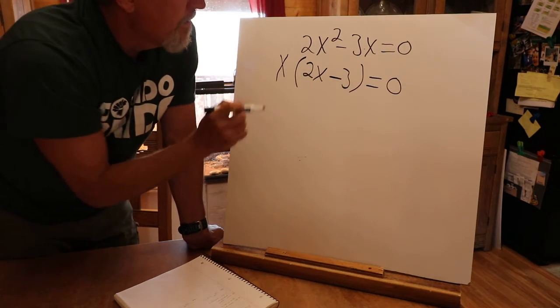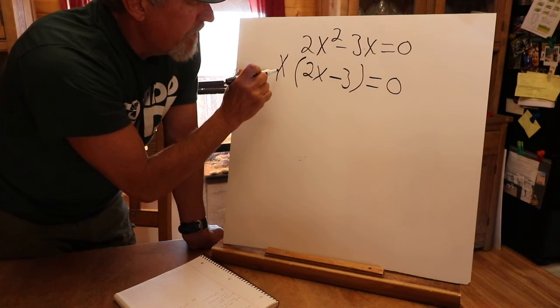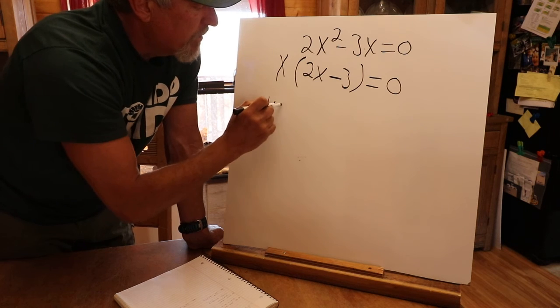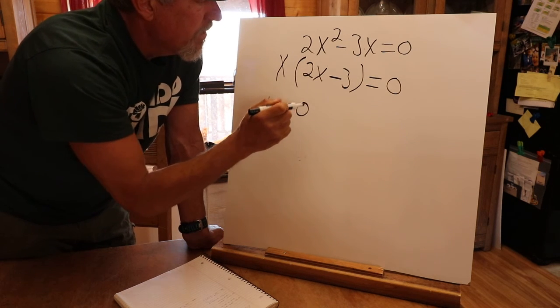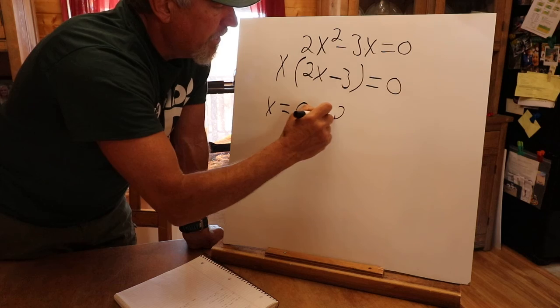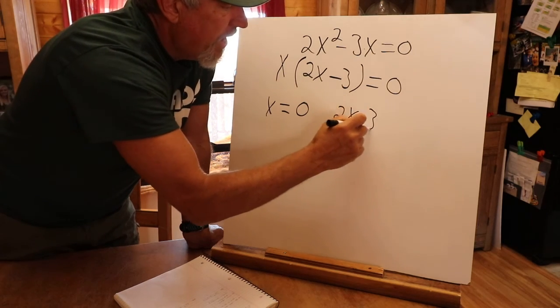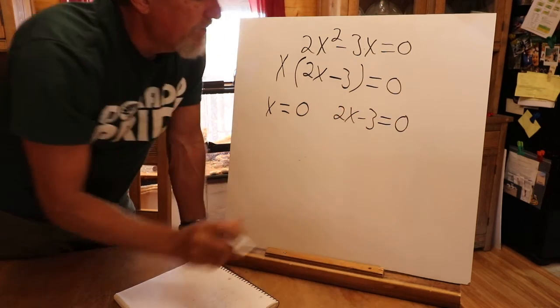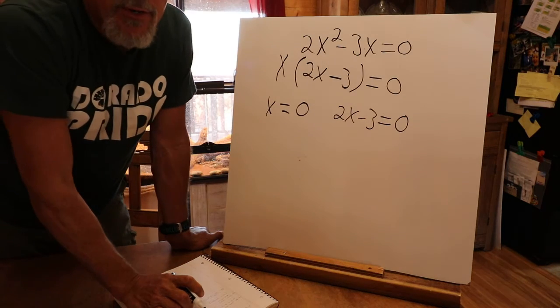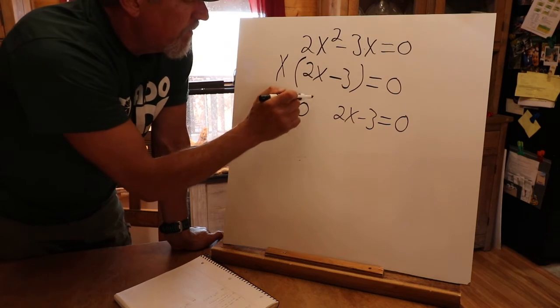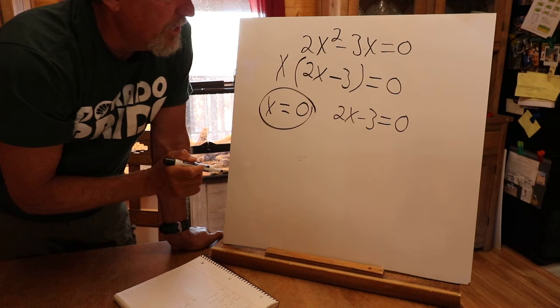Almost done. Take the part you slid out, set it equal to 0. That's one factor. Take the other part, set it equal to 0. That's the other factor. The x equals 0 is done. It is solved. You can box it up, it's finished.